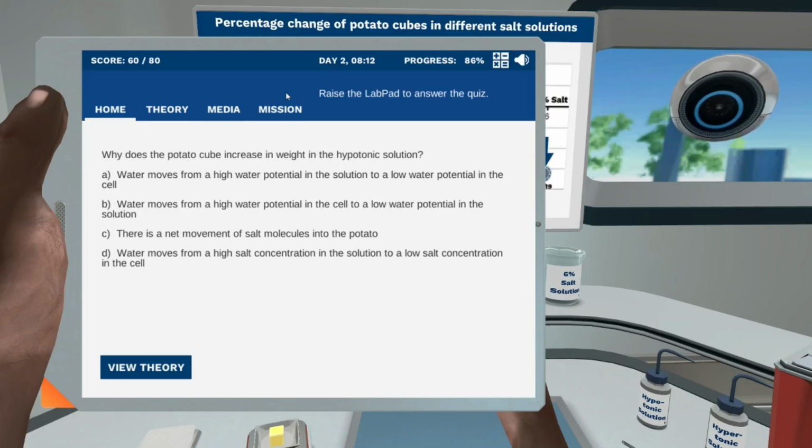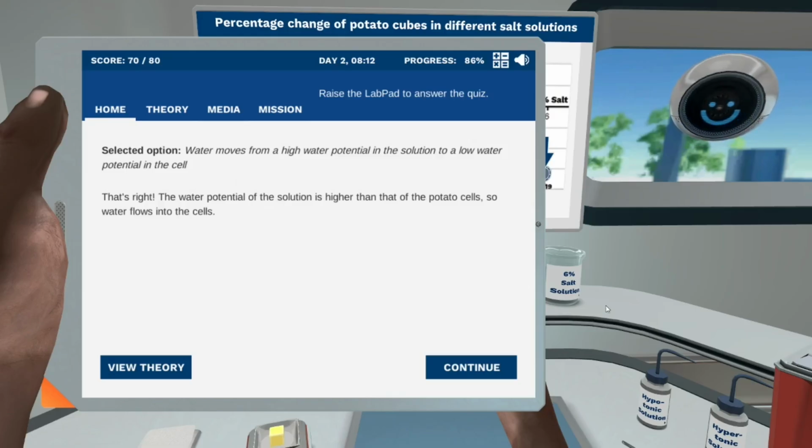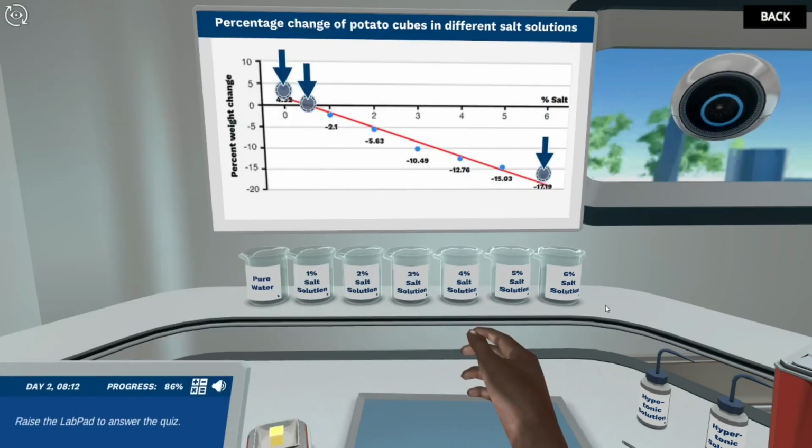D. Water moves from a high salt concentration in the solution to a low salt concentration in the cell. That's right. The water potential of the solution is higher than that of the potato cells, so water flows into the cells. Which arrow points out a hypertonic solution?